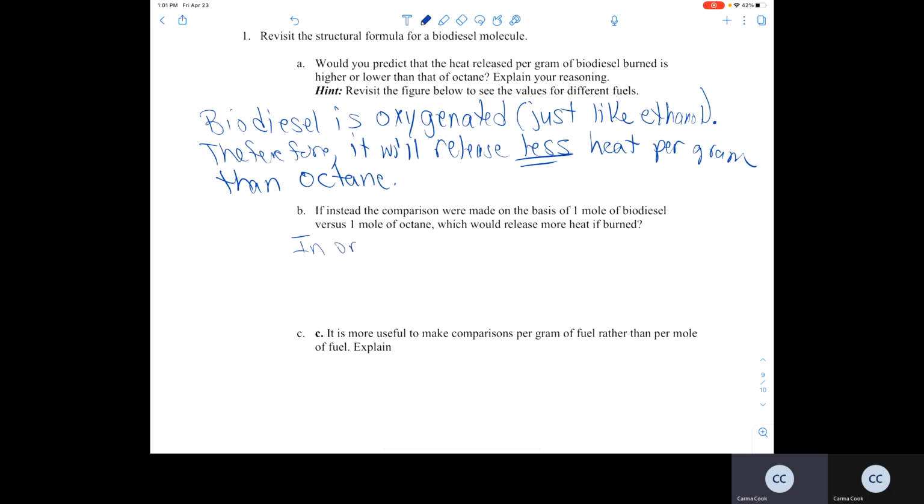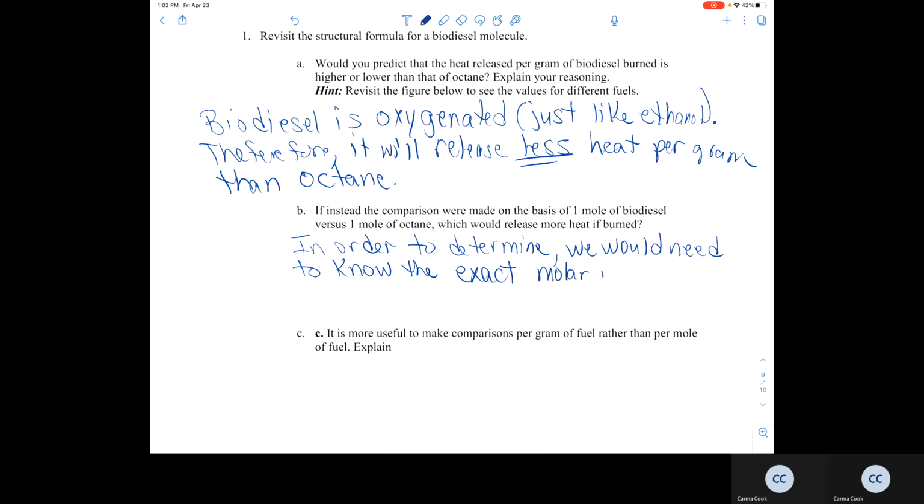Well, in order to determine this, we would need to know the exact molar mass of the biodiesel, so that we can convert the grams of biodiesel into moles.